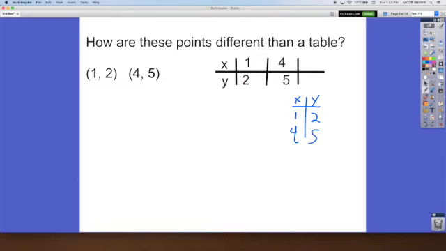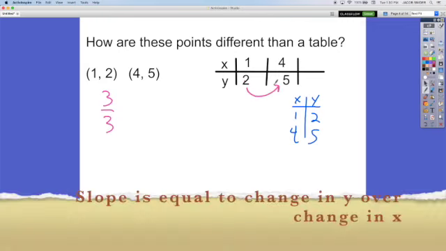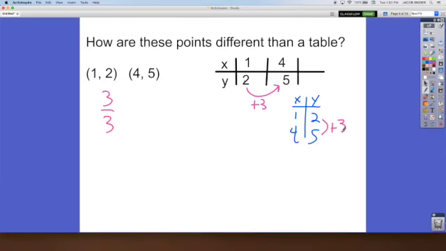What am I basically going to do? We said this slope over here was 3 over 3. Now watch this, guys. What's my change from this y to that y? How do I get there? I add 3. How do I get from here to here? We add 3. Remember, to find the slope, it's the change in y over the change in x.